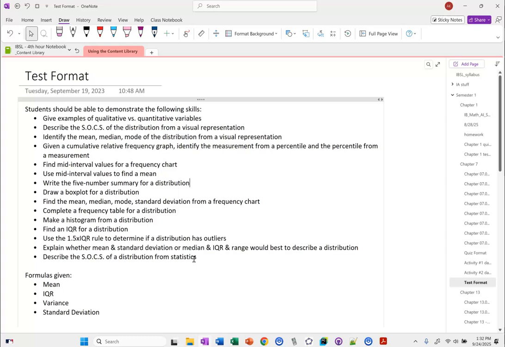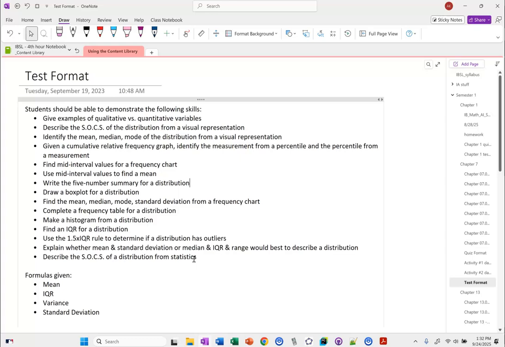Now, what do you have to be careful about when you're doing that? Use the correct measure of center and spread for the distribution. How do you know which one to use? If it's symmetric with no outliers, mean and standard deviation. If it's skewed or has outliers, median and IQR range.